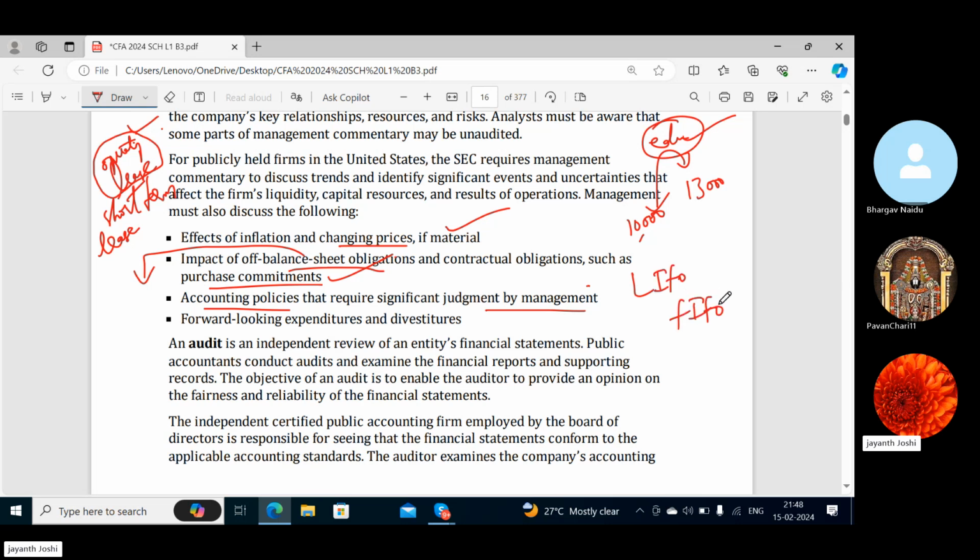That is a change in accounting policy, and that can only be done if it is very significant, and if not done, then that can have an impact on the company. How it can have an impact, without explaining these methods, I can't explain right now, as these two methods give different results with respect to valuation of inventory. So we will be discussing that in detail.